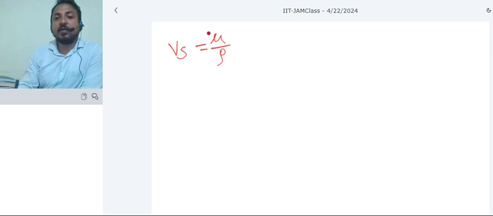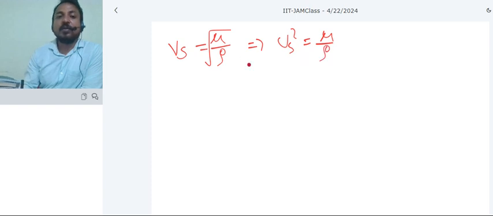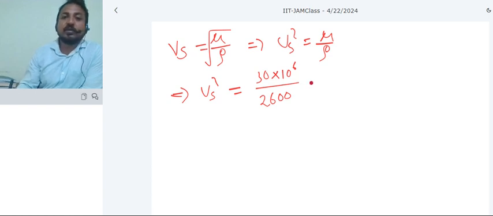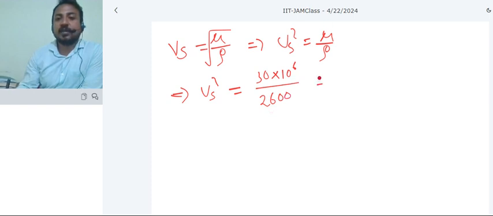Velocity of S wave squared equals mu by rho. Mu here is given, 30 into 10 to the power 6, divided by rho, which is 2600. Solving, it is 3 into 10 to the power 7 by 2600.